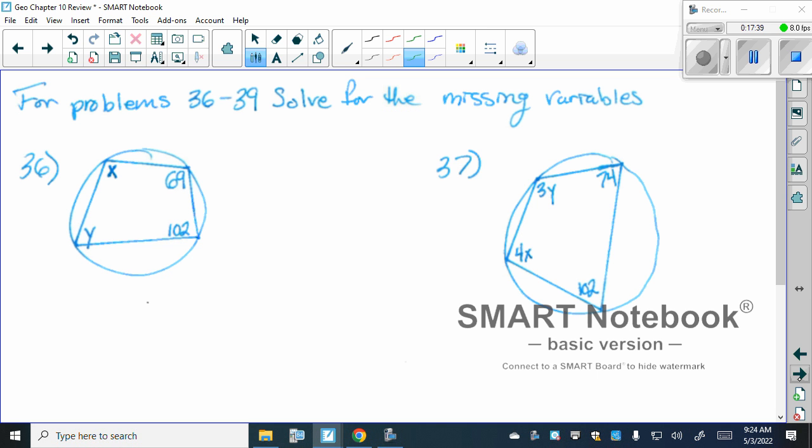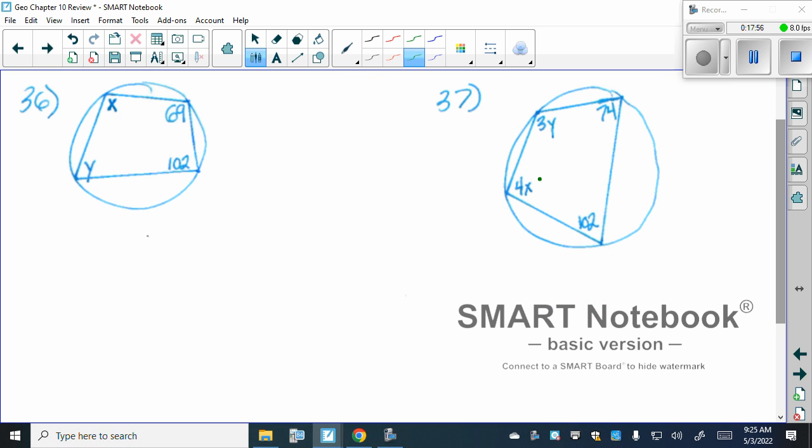Now we know the opposite angles in a quadrilateral are supplementary. They add together to be 180. Do we want to look at 36, 37, 38, or 39? Well, we know that these two angles add up to be 180. So 4x plus 74 is equal to 180.